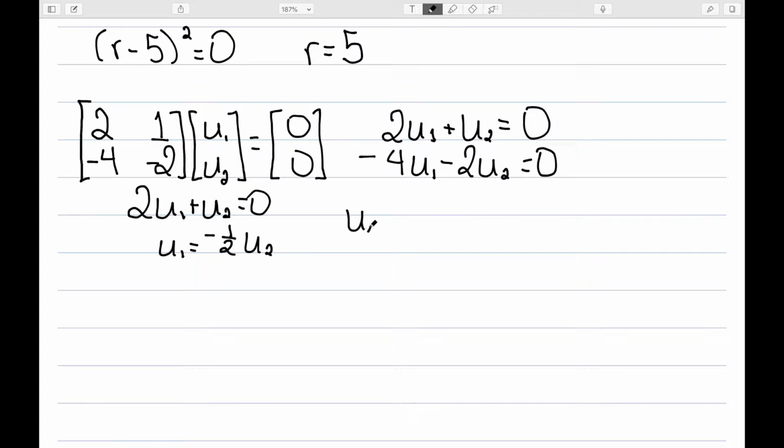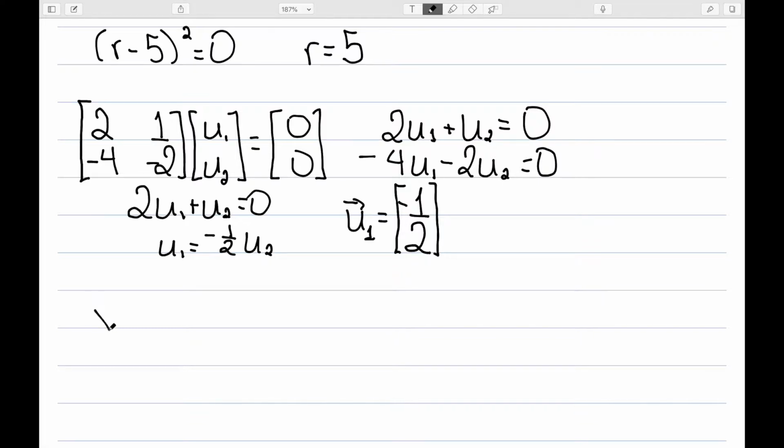So to get my actual first eigenvector, I'm going to pick a number for u2. I'm going to pick 2 and solve for u1. I would get negative 1, since 2 times negative 1/2 is negative 1. And we could have let u2 be equal to 1 and had negative 1/2, 1, but we picked 2 to eliminate the use of fractions.